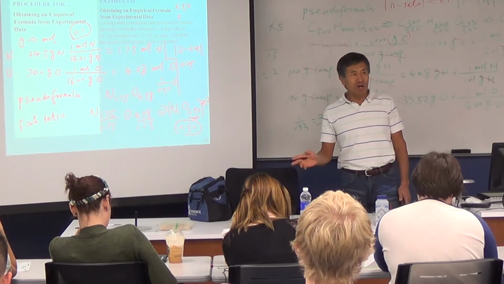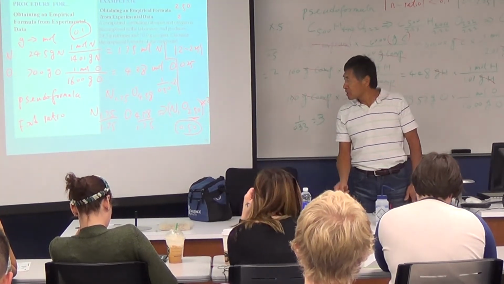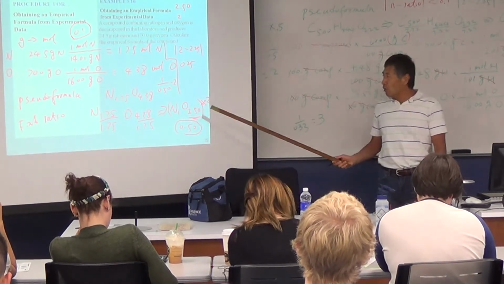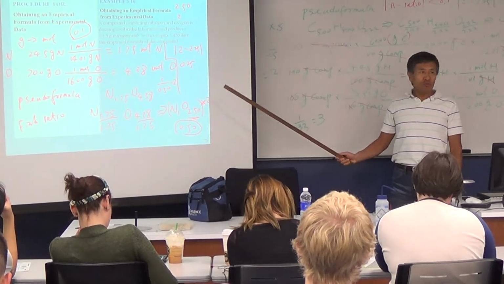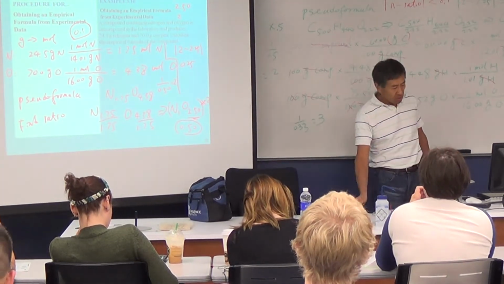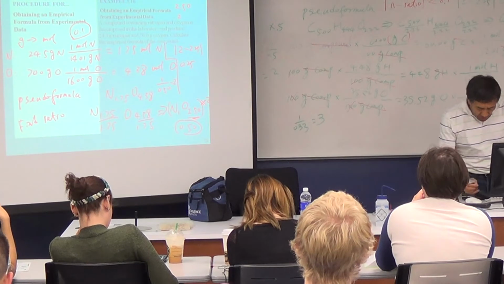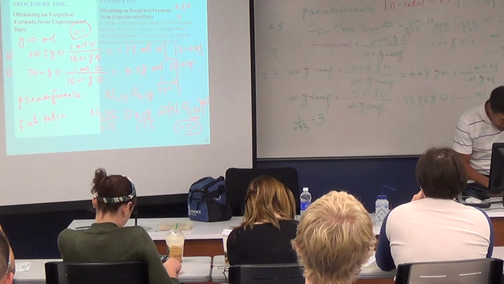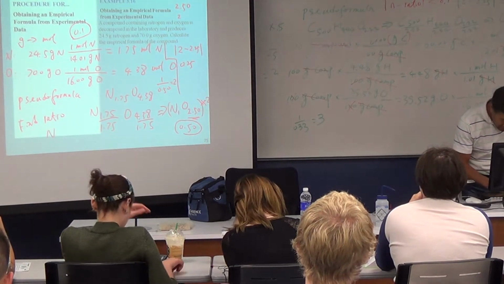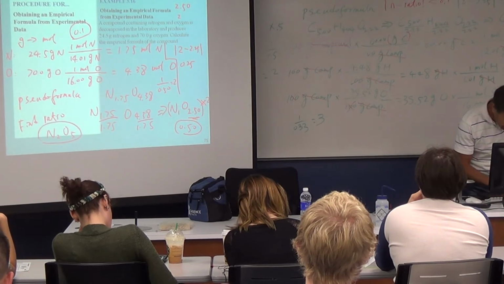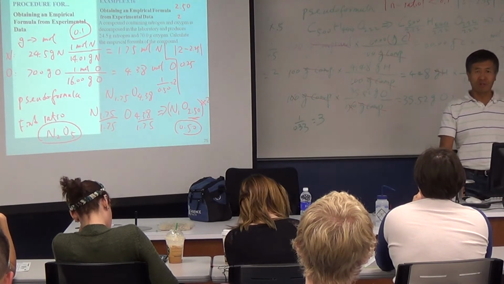But right now we multiply this formula by 2 because one of these ratios is too far away. You cannot simply round to 3 or round to 2. So you will get the final result, N2 and O5. That will be our final answer.